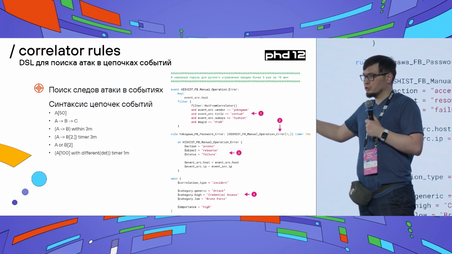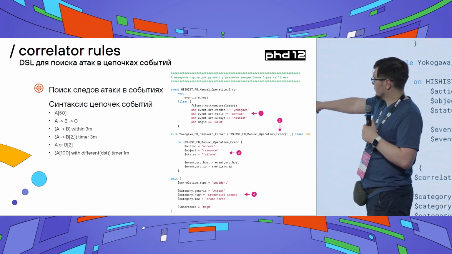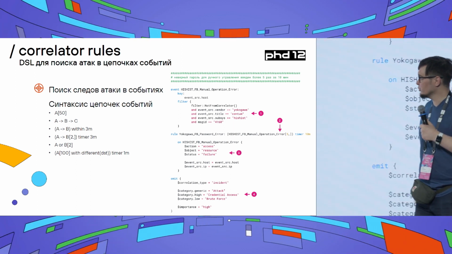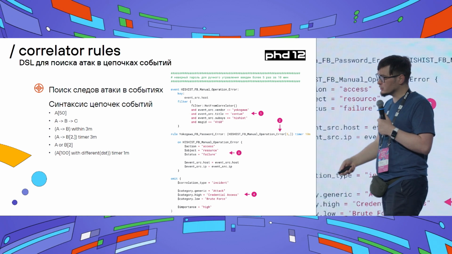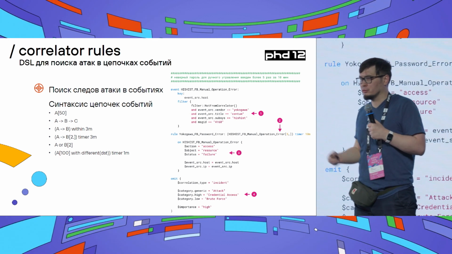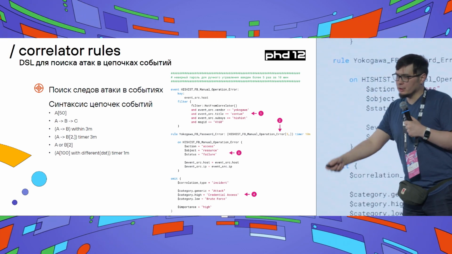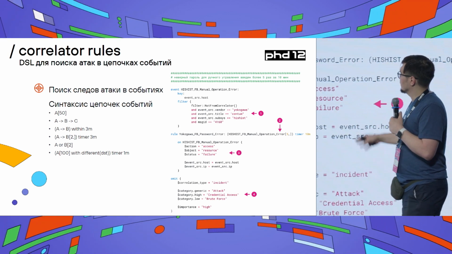You take network packages that have the same source and the same destination. And you can solve the problem that I've just described to you for almost a minute in one string.